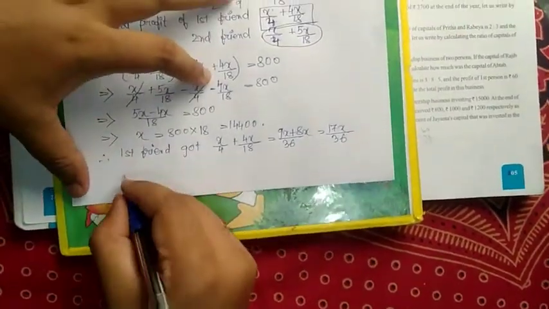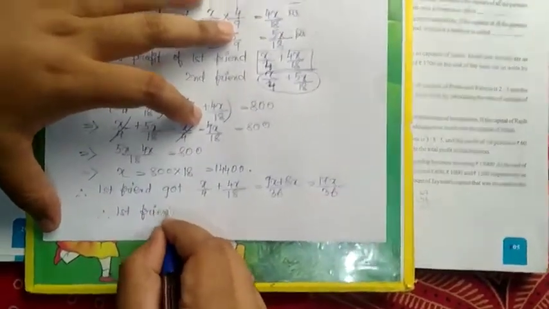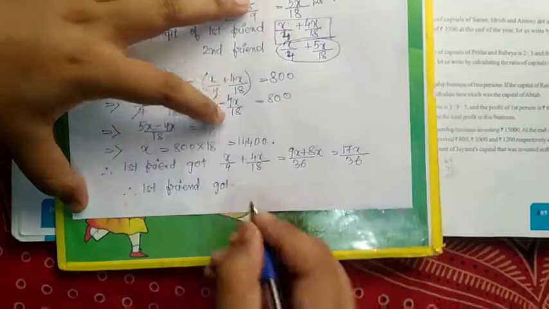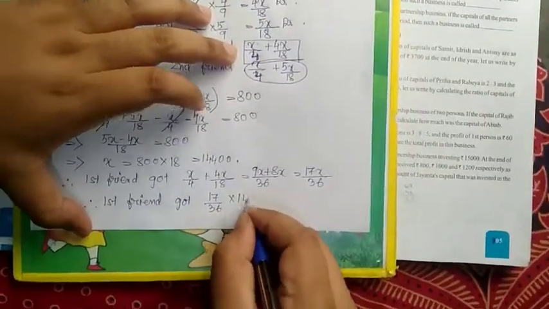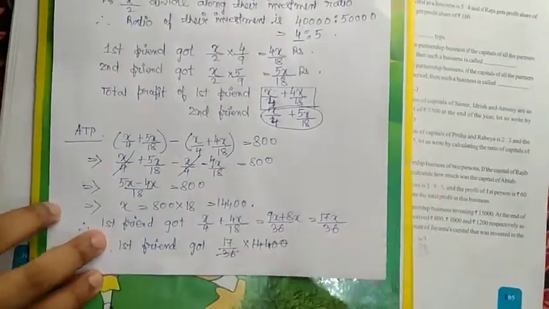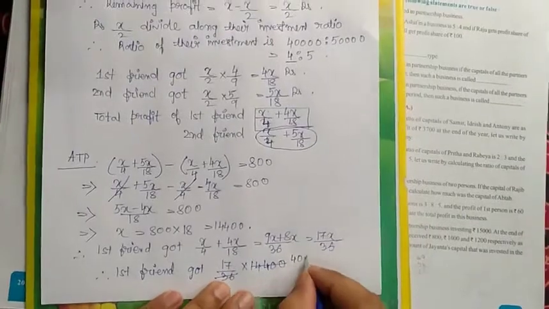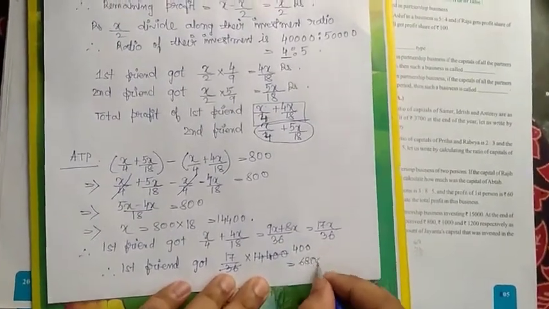So therefore the first friend got (17 by 36) into 14,400. 36 into 400, this should be 400 into 17, 6,800 rupees.